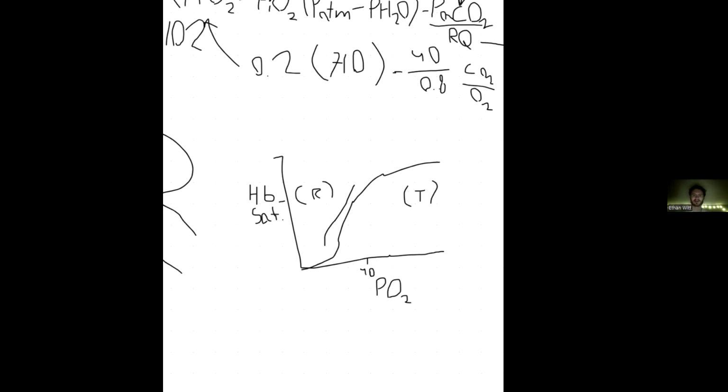If we look where that lines up on the y-axis, that's about 75% saturation. And we can get close to or even reach 100% hemoglobin saturation, but it's going to take quite a bit of exertion. It plateaus pretty quickly after that point.